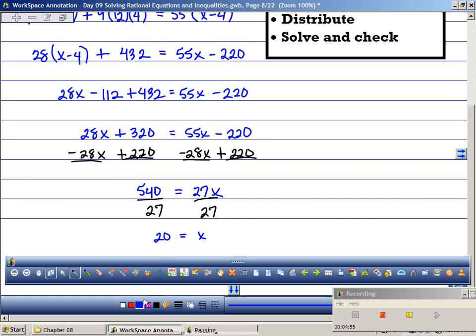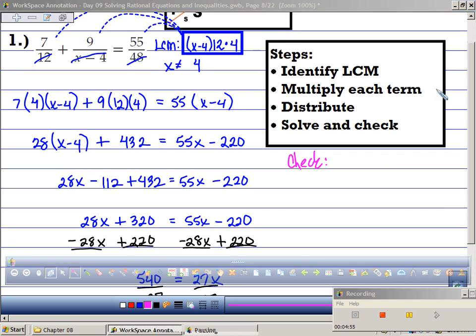What do I have to do with that? Check it. So I would get 7/12 plus 9 over 16 equals 55 over 48.